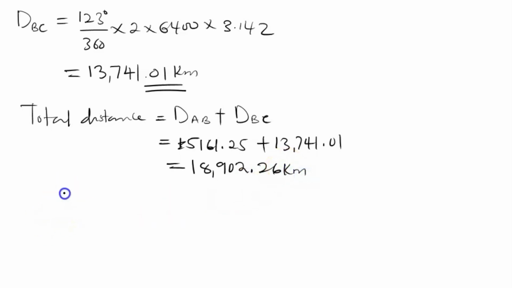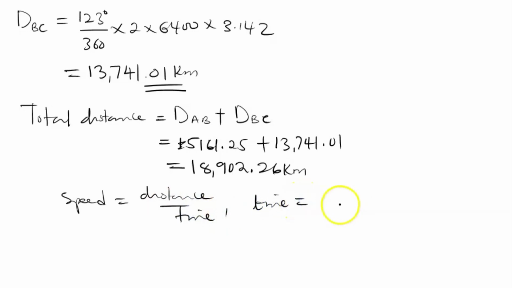All right, so how do we calculate time? We know that speed is equal to distance over time. If we make time the subject, time will be equal to distance over speed. So our distance is 18902.26, divided by the speed, which is 750, which is given in the question.